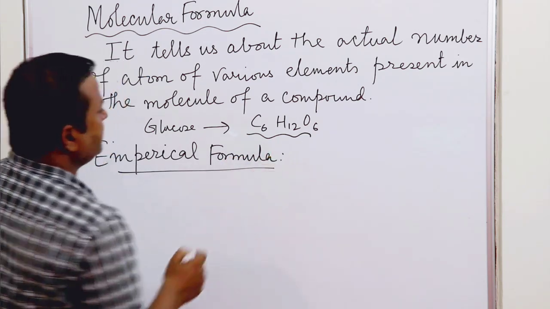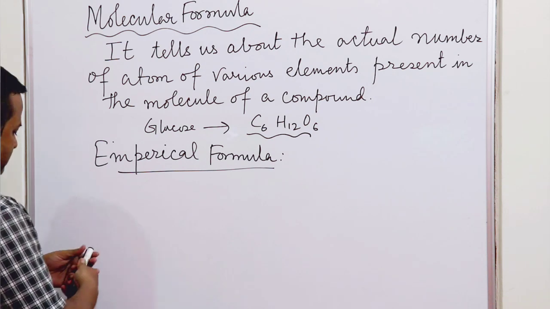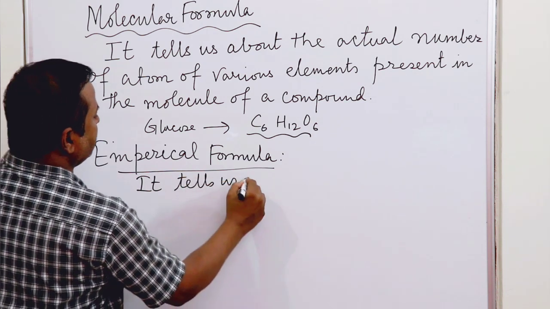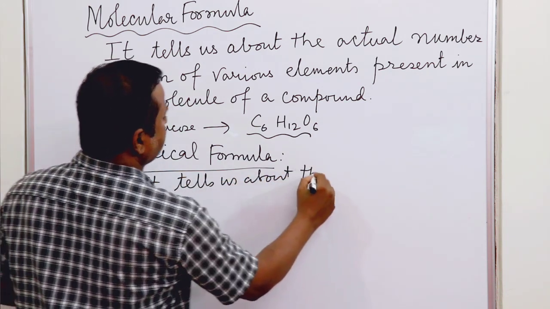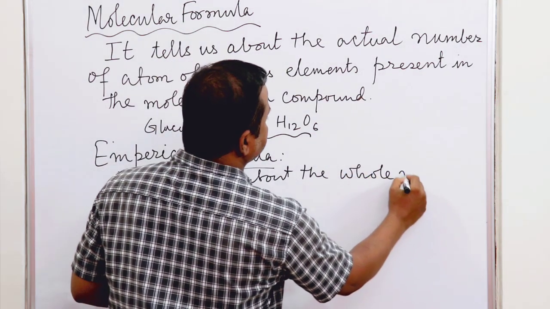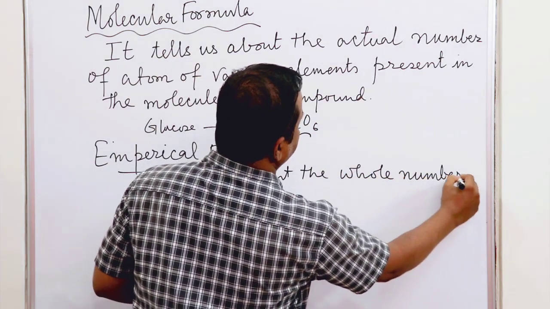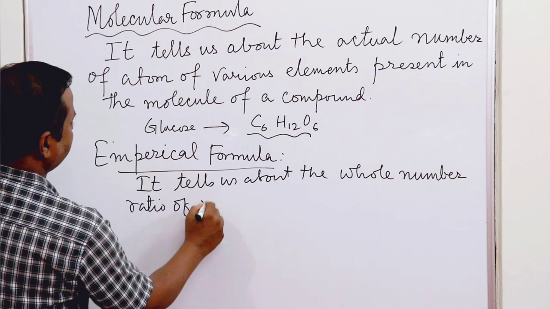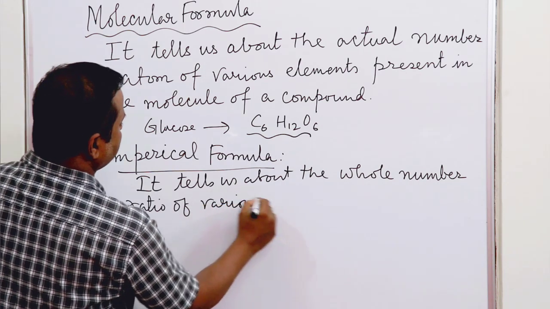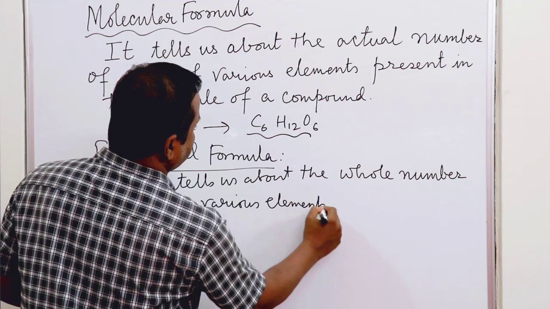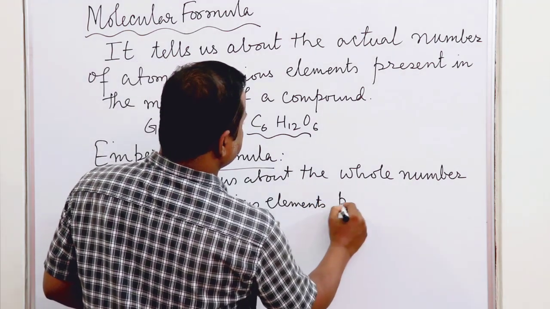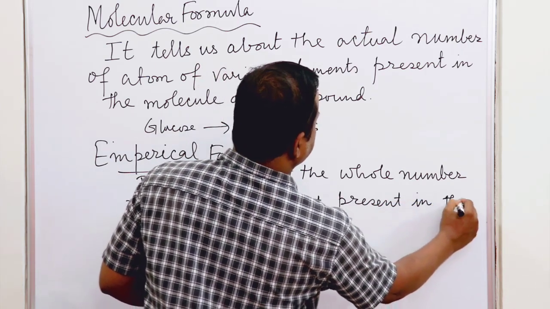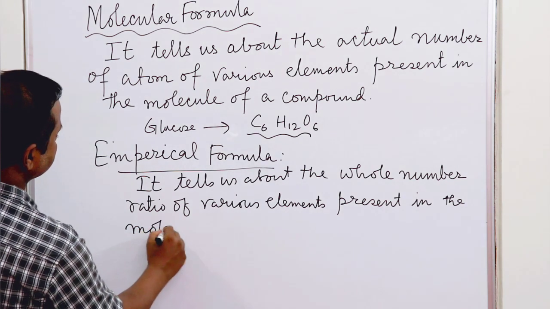Okay students, this empirical formula tells us about the whole number ratio of various elements present in the molecule of a compound.